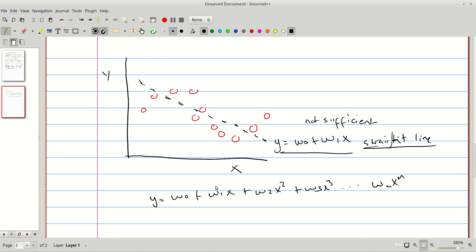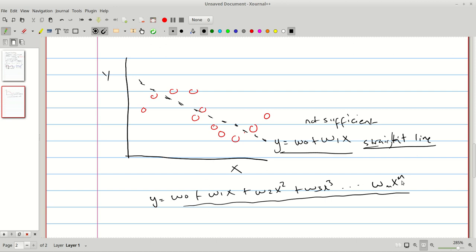This is one way that we can think of this, right? This is how we represent our y, by this strange equation up to some polynomial factor of m. And then maybe in that case, the equation can be complicated enough to model this strange data set that we have here, right?